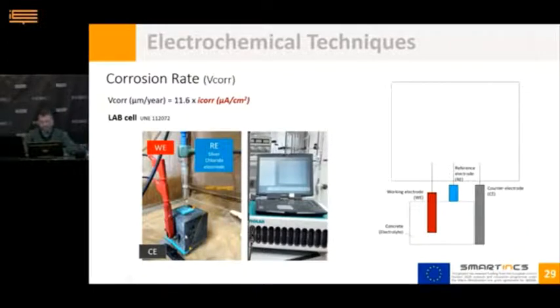The reference electrode in this case is the silver chloride electrode, special for laboratory use, and the counter electrode is a stainless steel mesh placed on one side of the sample. It is possible to place more than one rebar in the specimen to increase the reliability of results. Okay, this is what we usually do in laboratory studies.